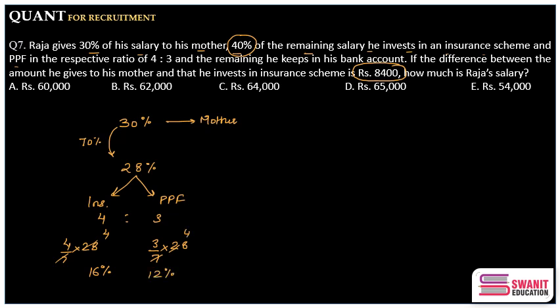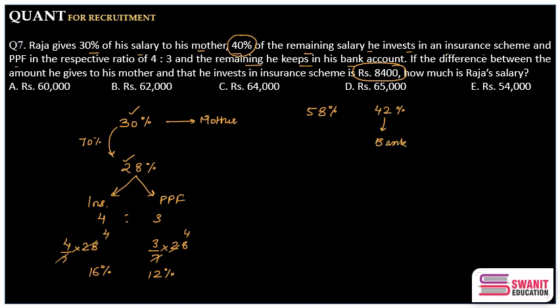So we are just using the information given so far. And the next line says, and the remaining he keeps in the bank. That means 30%, 28%, so 58% is already gone, and the remaining, that is 42%, he keeps in the bank. Now let's talk about the next line.